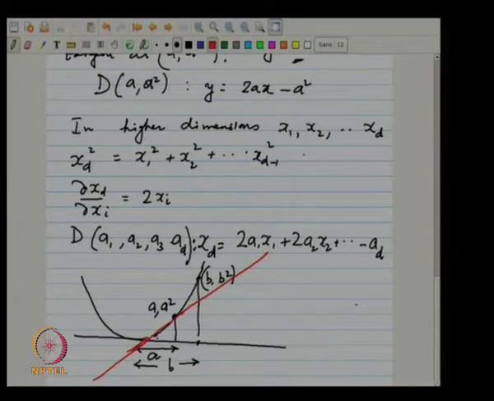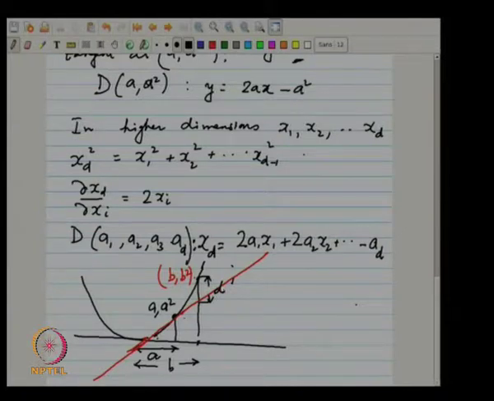Let us call this distance d. What is distance d?